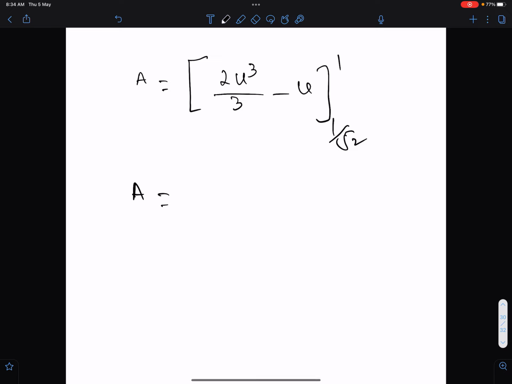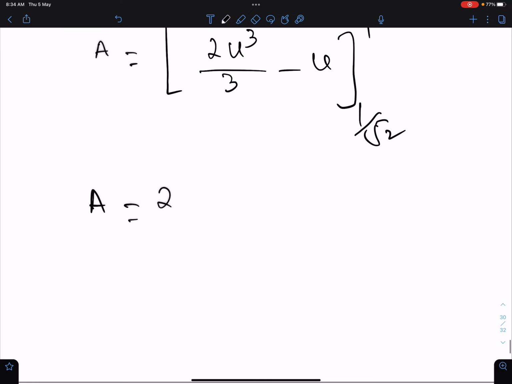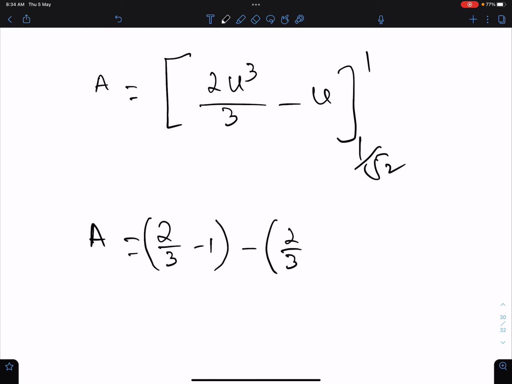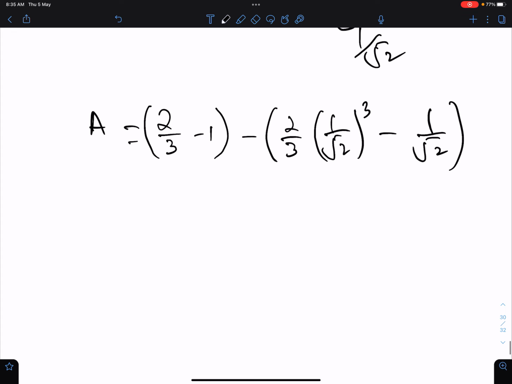We have to give the exact answer. So when we apply the limit 1 onto this function, then we'll get 2 upon 3 minus 1. This will become minus 1 upon 3. And when we apply 1 upon root 2, then we'll get 2 times 1 upon root 2 cube over 3 minus 1 upon root 2.